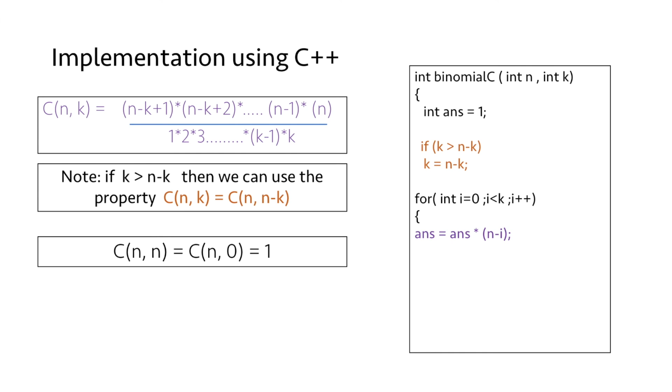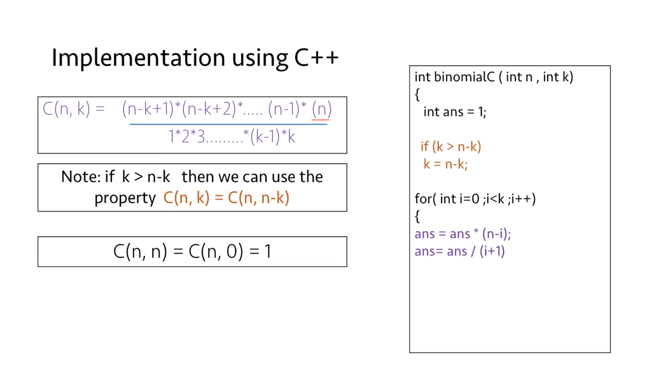Then for the numerator, we multiply our answer by n minus i, that is, we start from the back. First we take n, then we multiply it by n minus 1, then we multiply it by n minus 2, and so on until we reach n minus k plus 1. Next, for the denominator, we divide it by i plus 1.